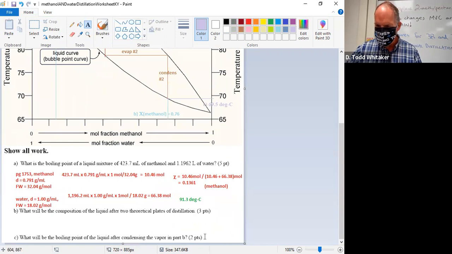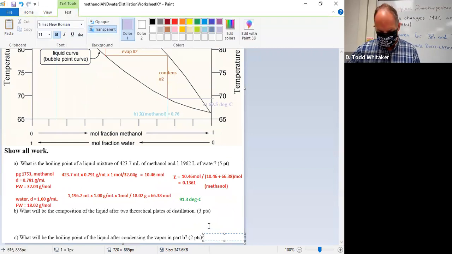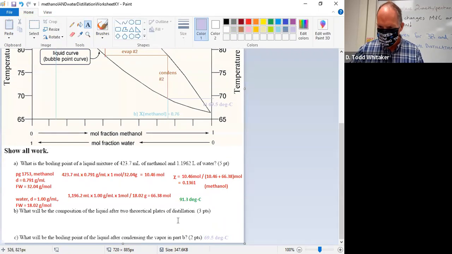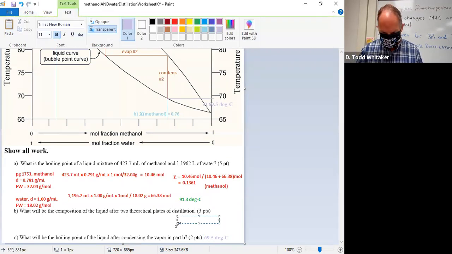Here we go. 69.5. Big C. And here we'll go. Chi of methanol equals 0.76. Wrong color though.